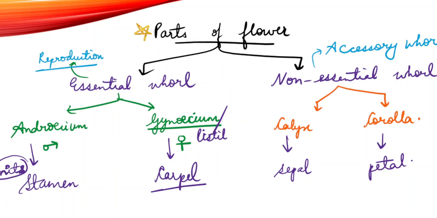So I will come to some terminologies. Like I will speak about first terminology, that what is complete flower, what is incomplete flower. Okay, these two terminologies. Then I will speak about what is perfect and imperfect flower.